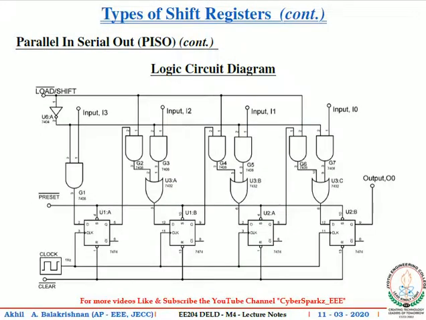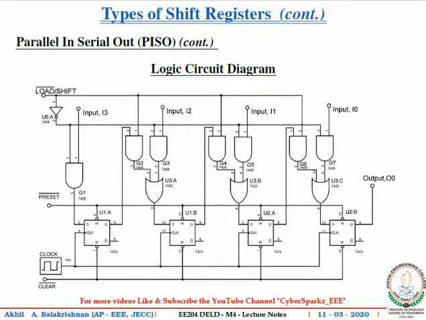So this is the circuit diagram which will take care of the loading and the shifting of a PISO shift register. Here we have introduced a mode, that is the load or shift mode, which will operate one at a time. Either you can load data into the shift register or you can shift data from the shift register.